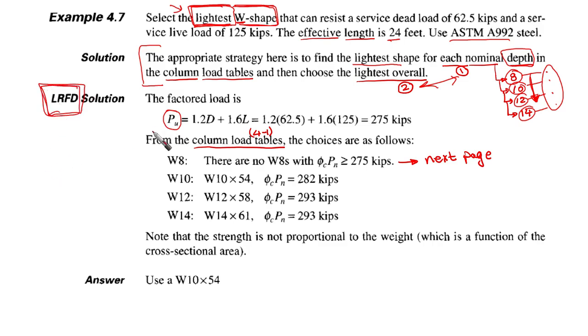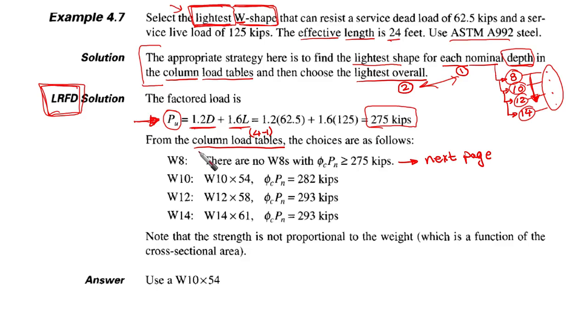Then our factored load is going to be 1.2 dead plus 1.6 live. As we said, this is the governing load combination for us commonly, as long as there are no wind loads or earthquakes. The value of the ultimate load is going to be 275 kips.